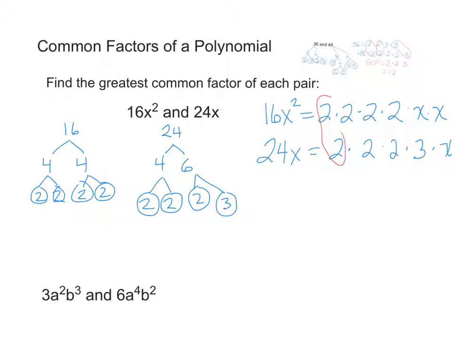They both have a 2. So for the greatest common factor, I'm going to include a 2. And there's another 2 that they both have, so I'll include that too. And another 2. So we'll include that too. And then they also have an x in common.